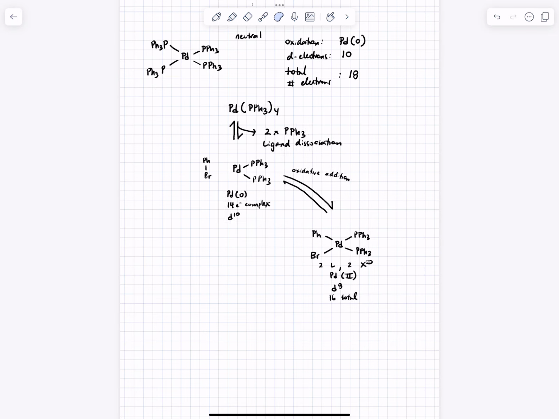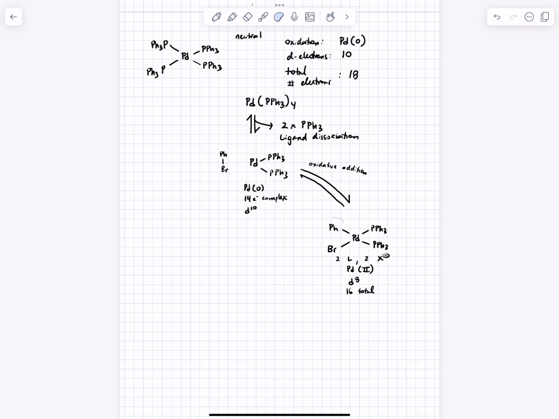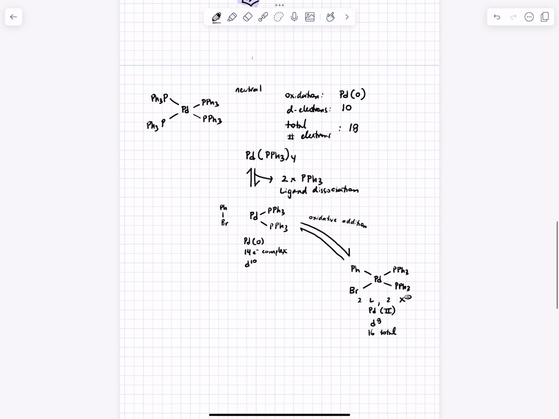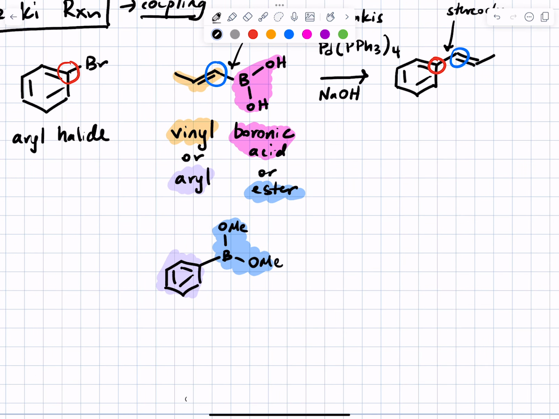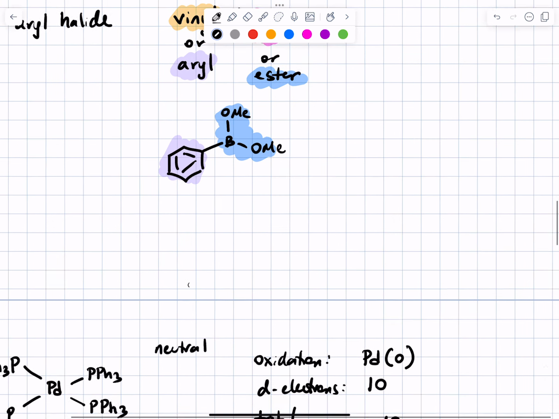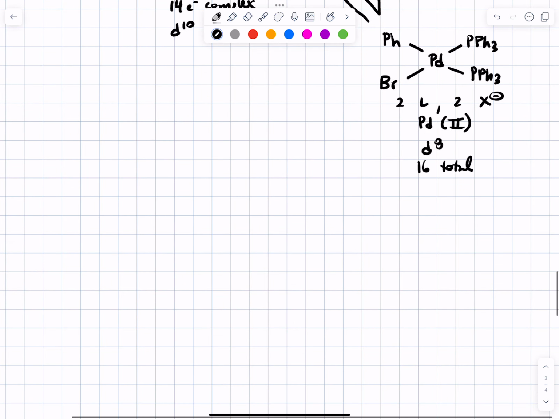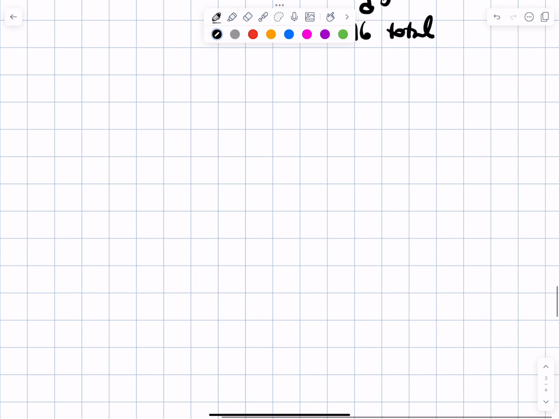Okay, now we've taken care of the aryl halide. Now we need to deal with the vinyl boronic ester. So let's redraw that vinyl boronic ester. And I want to show you something that's going on in the background with that vinyl boronic ester, something that's actually important for the reaction to happen.